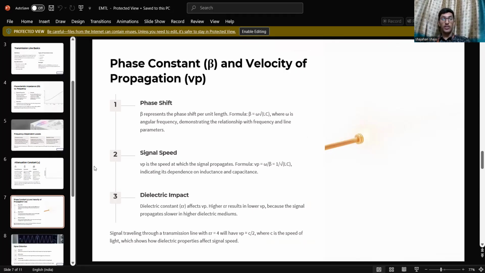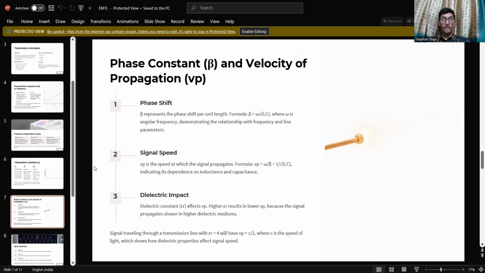Signal speed: Vp is the speed at which the signal propagates. Formula: Vp, that is omega by beta, that is 1 by root LC.